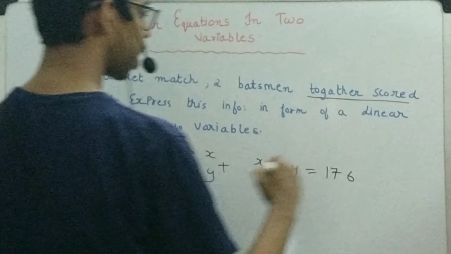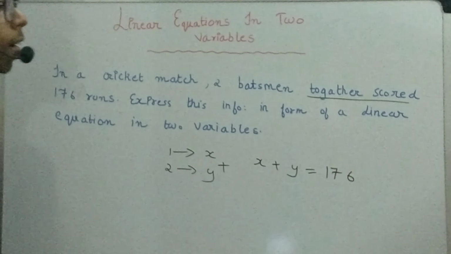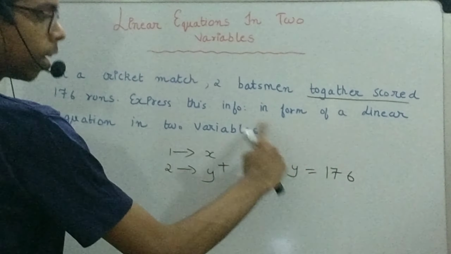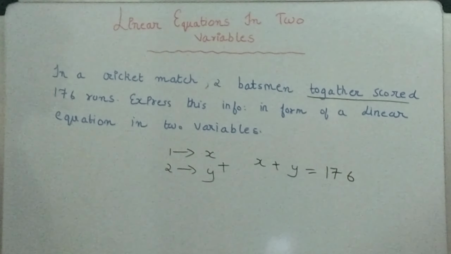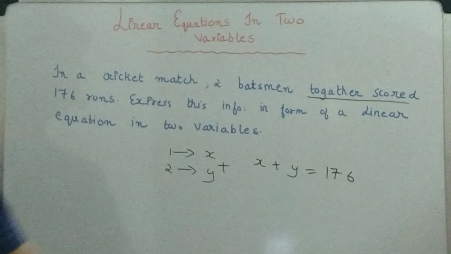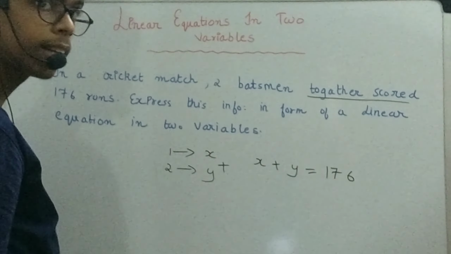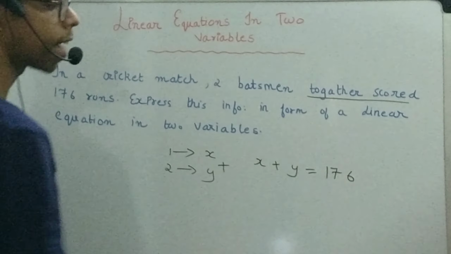So we can write the linear equation as x plus y is equal to 176. That is, first batsman plus the second batsman together scored 176 runs. What I have written here is a linear equation in two variables, isn't it? Because in this equation we can see two variables x and y.